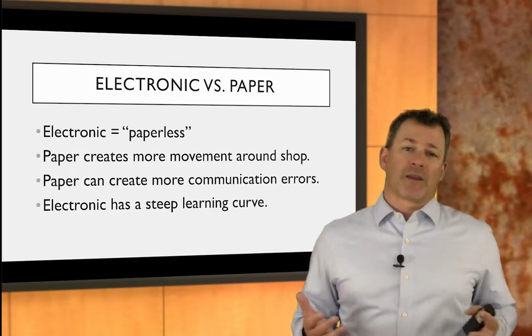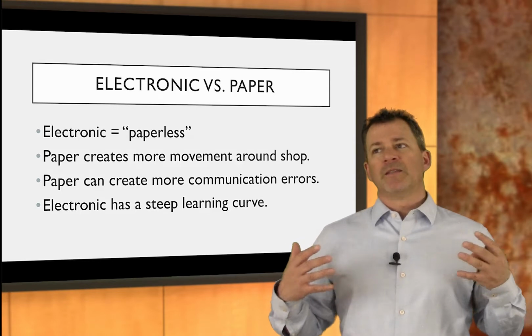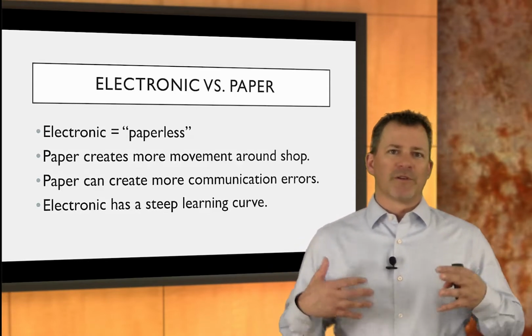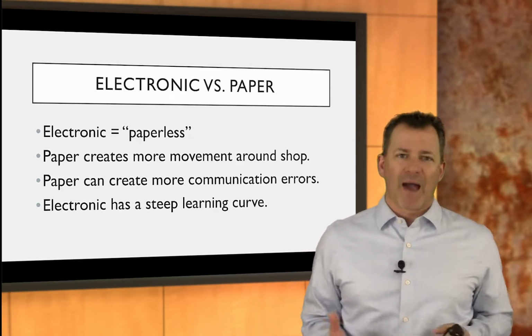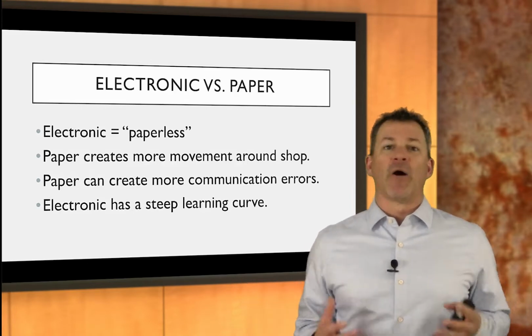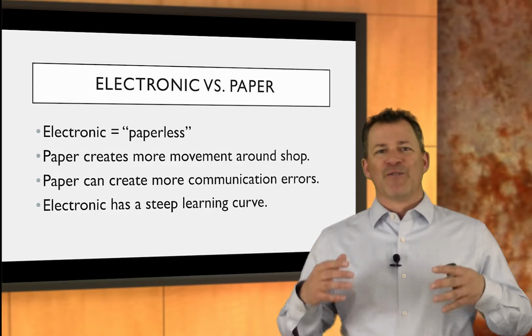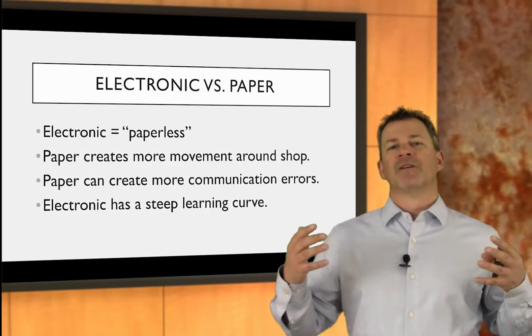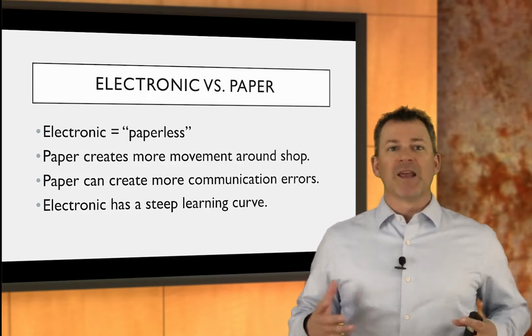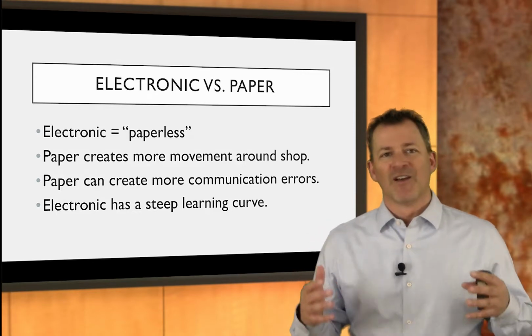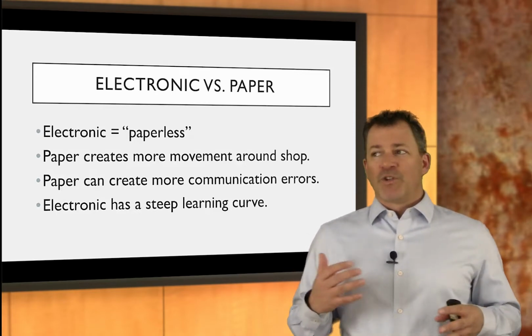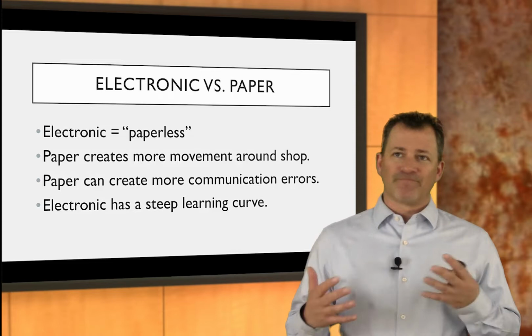And then electronic came along. And in the independent repair shop world, there is not a true electronic dispatch system that I have found yet. What most shops are doing is they're taking the electronic inspection systems and creating an electronic dispatch process with these systems, which is somewhat awkward.